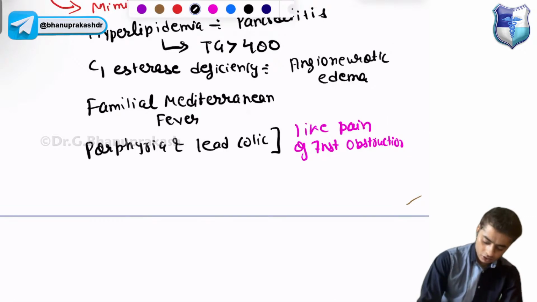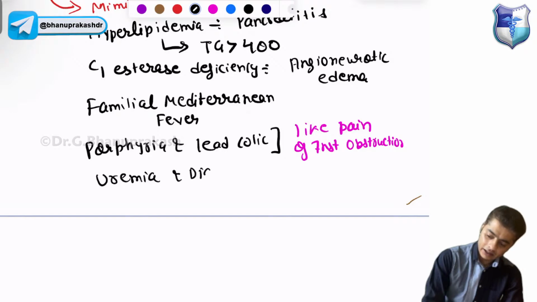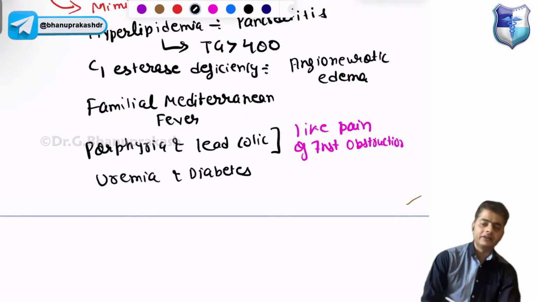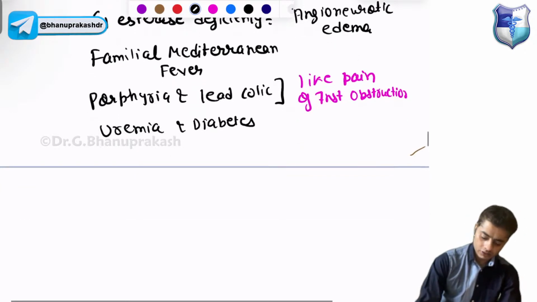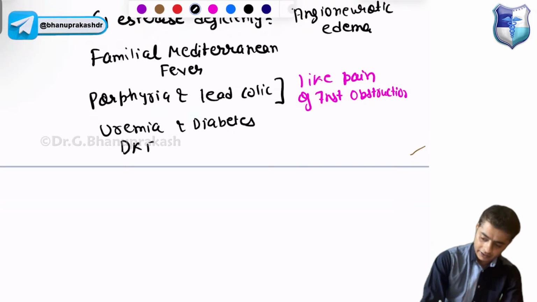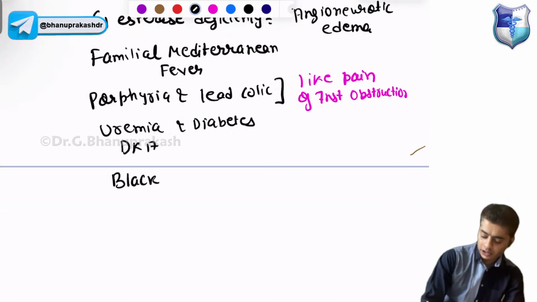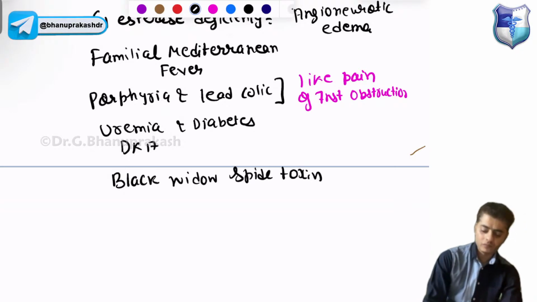Others are your uremia and diabetes. Other is your DKA and pain due to black widow spider toxin. Okay.